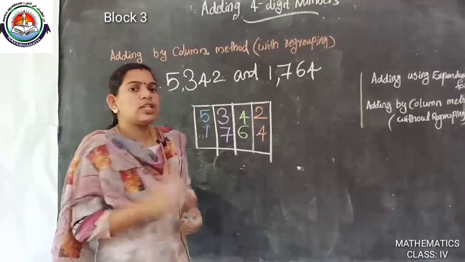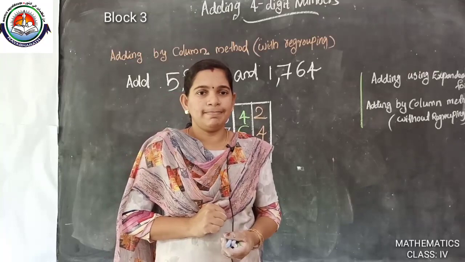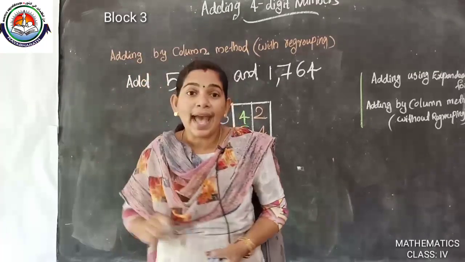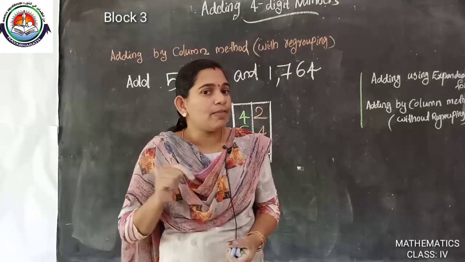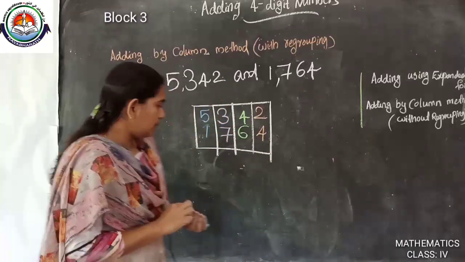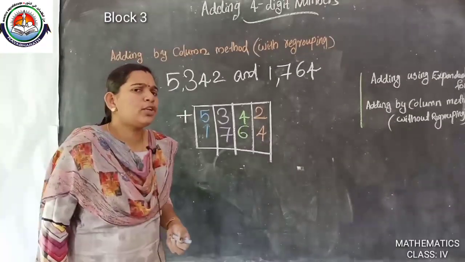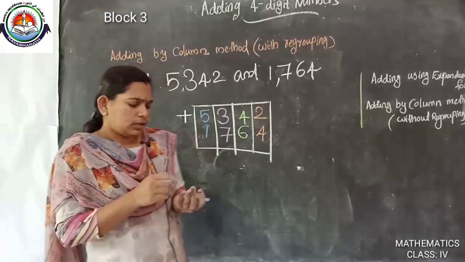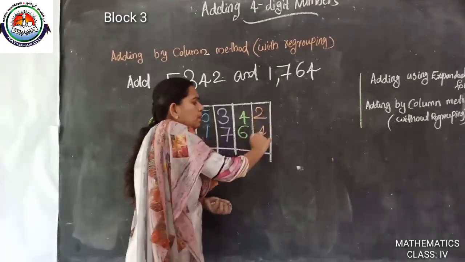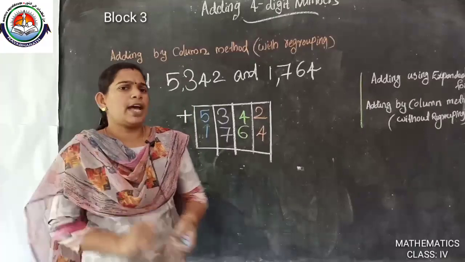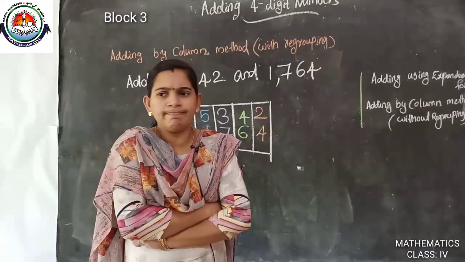Then which operation do we want to do? Add. Adding these two numbers. Are you ready to add? Then 2 plus 4. What is the value of 2 plus 4?